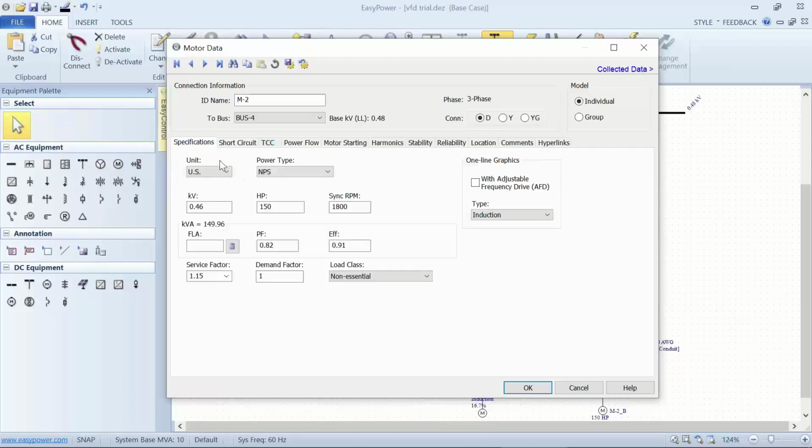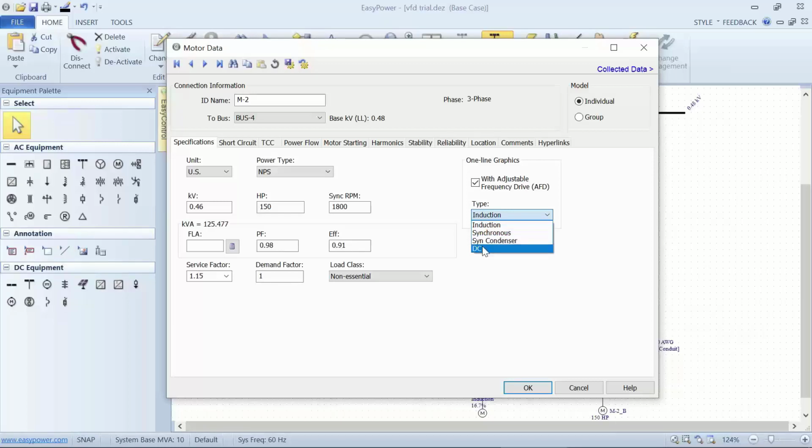If I go back to the specification tab, it's relatively simple to make a VFD drive and assume that we're driving a synchronous condenser, a straight induction motor, or a DC motor.